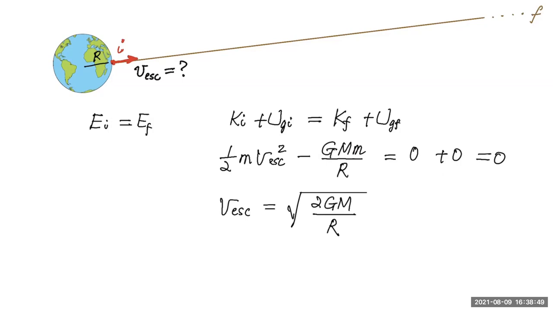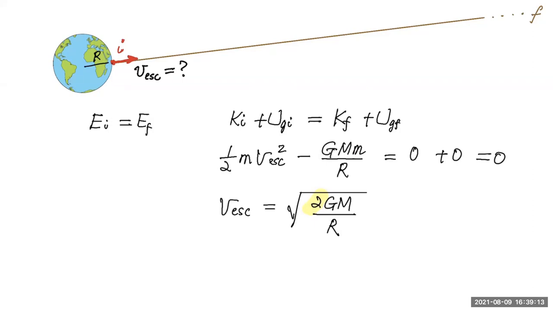Now you recall the speed it takes to go around the Earth in a near Earth circular orbit is the square root of GM over R. There's no square root of 2 here. This extra factor is what it takes for it to escape the gravitational pull of the Earth entirely, not just going around the Earth, but going infinitely far away from the Earth.